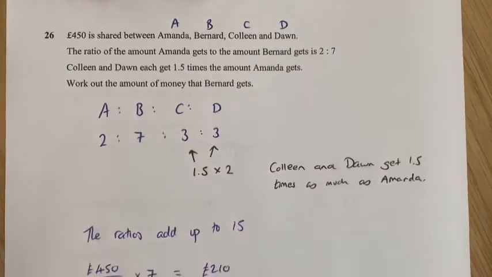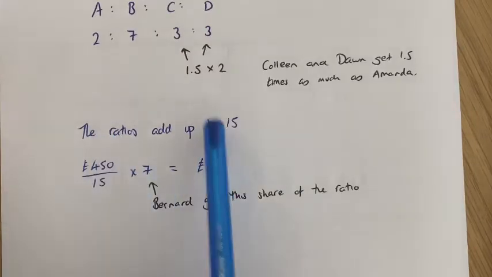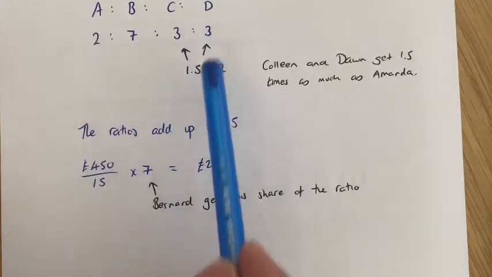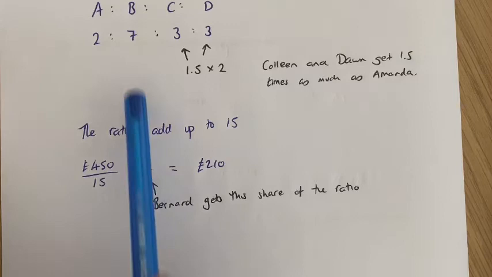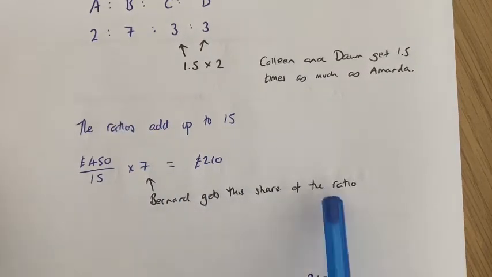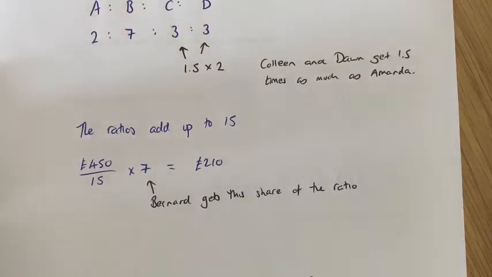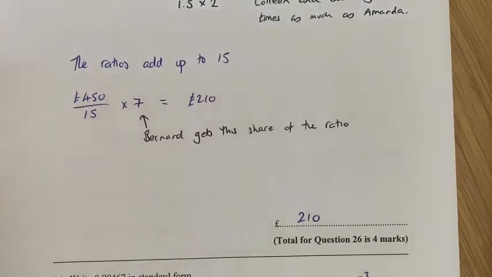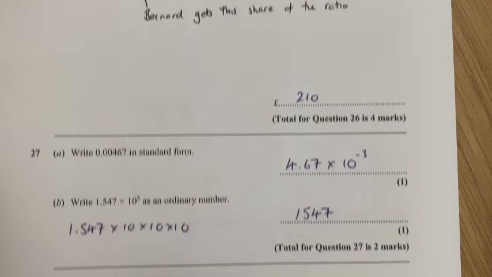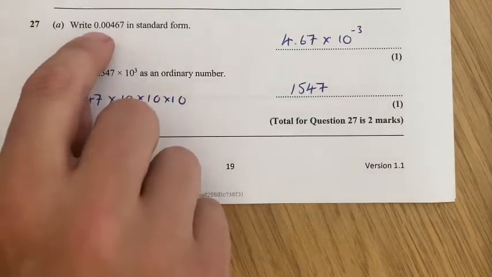It adds up to 15. 450 divided by 15 multiplied by 7. Bernard gets that share of the ratio, and the answer is £210. Question 27, standard form.